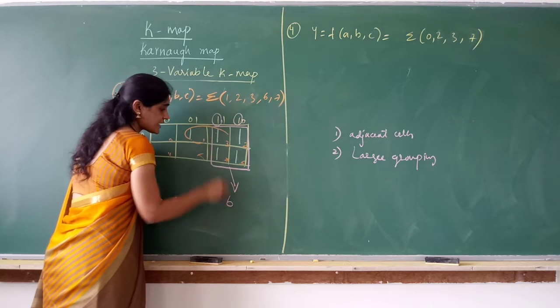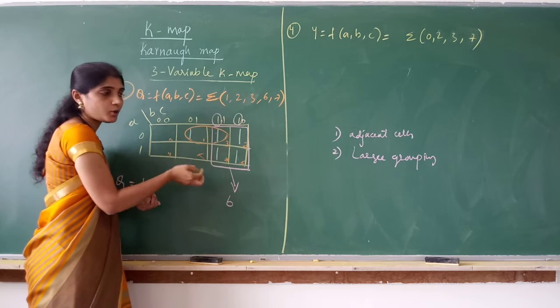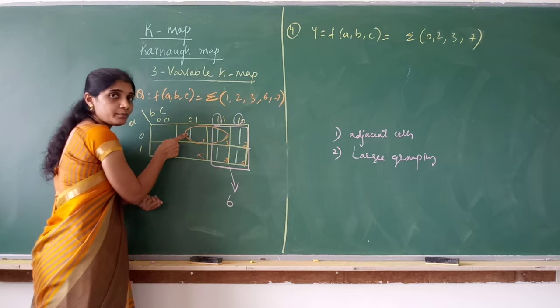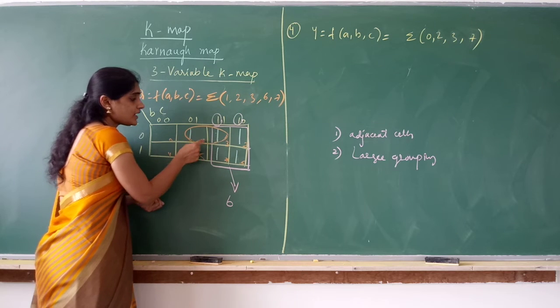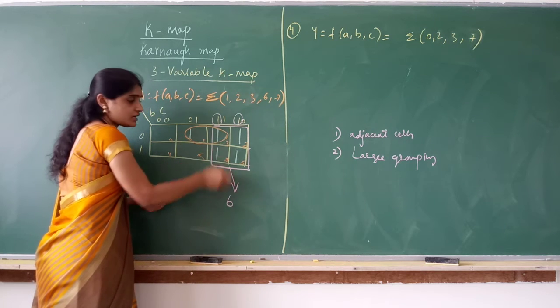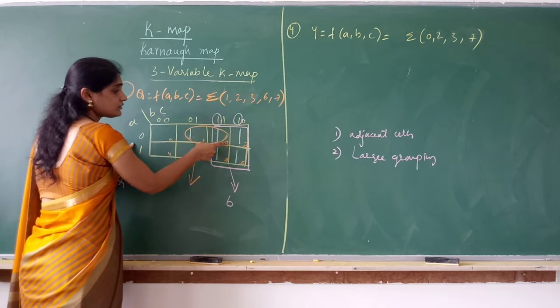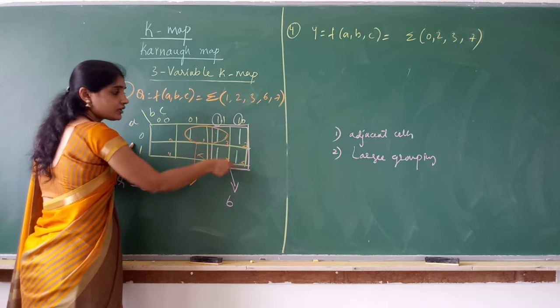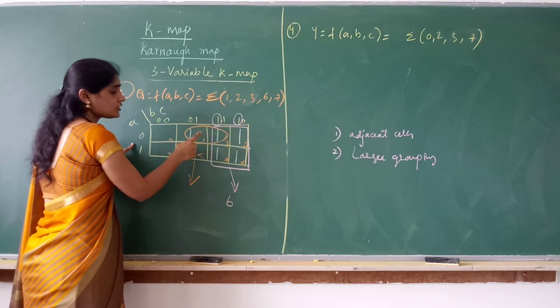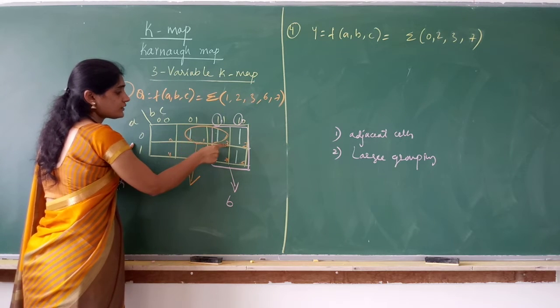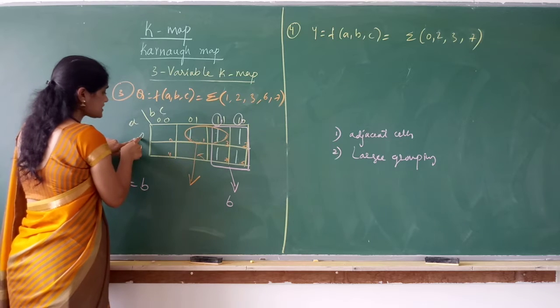Now this is our second group. Why do we go for second grouping? To group this particular min term. So now I am grouping cell number 1 and cell number 3. So when I group this, just look at cell number 1 and 3. Don't look at other cells. Other grouping we have done. Just see cell number 1 and 3. What is A?